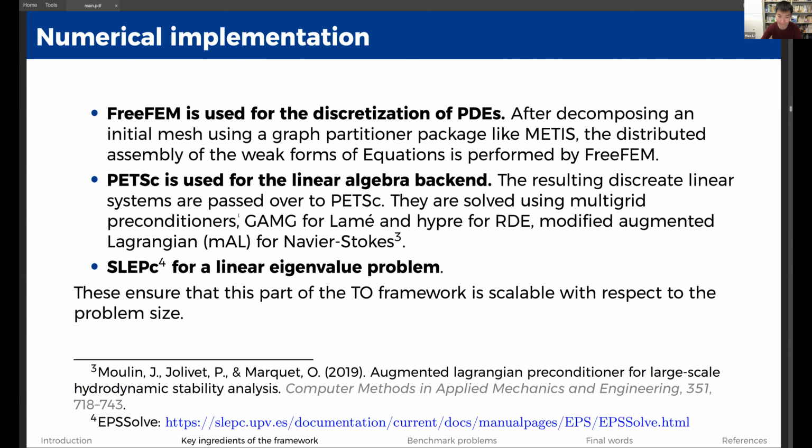For example, we use GAMG for Lamé, Hybrid for RDE, and a modified augmented Lagrangian preconditioner for Navier-Stokes. What's new this year is that we use SLEPc for solving a linear eigenvalue problem. This is quite new for us, so we will show a scalability analysis later on.